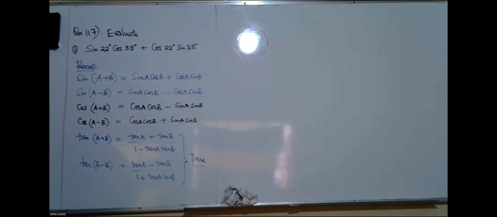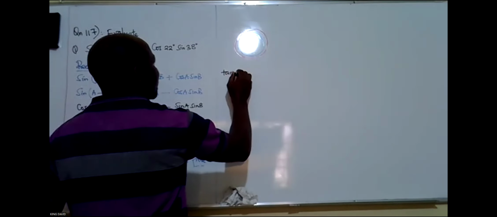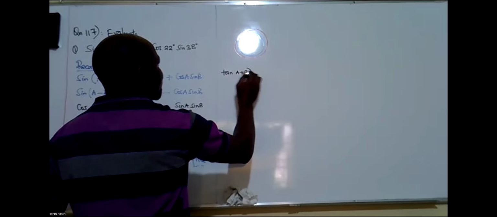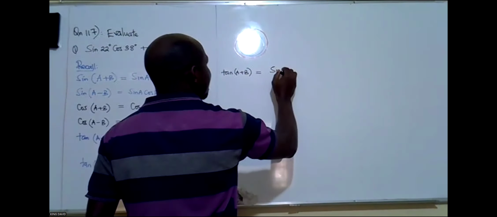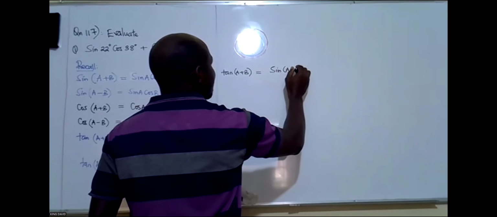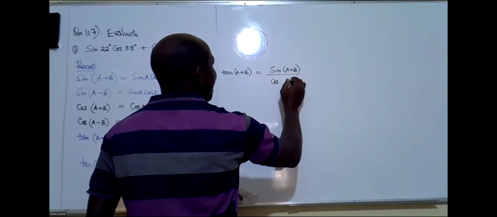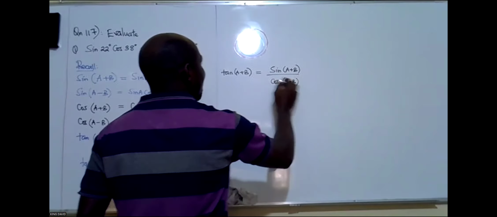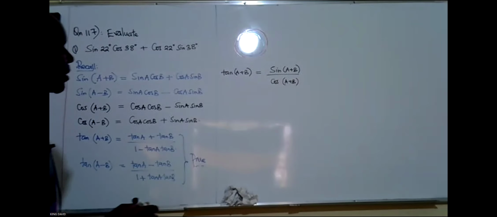In case you are to prove that, maybe we can prove one and you'll prove the other. Let's say tan of A plus B. We know that tan comes from sine out of cos. So this is sine of A plus B out of the cos of the same angle, A plus B. Sine out of cos gives us tan.